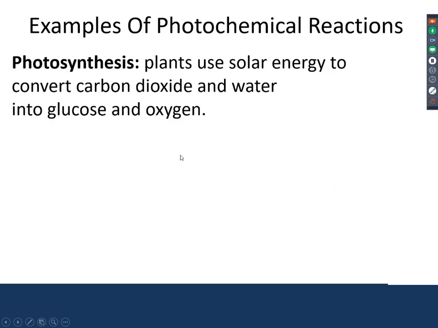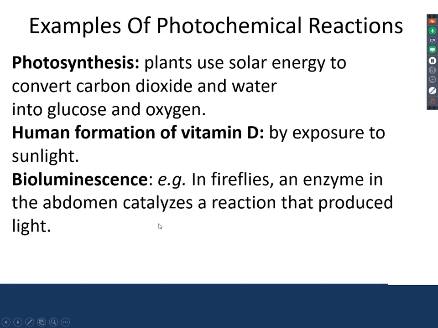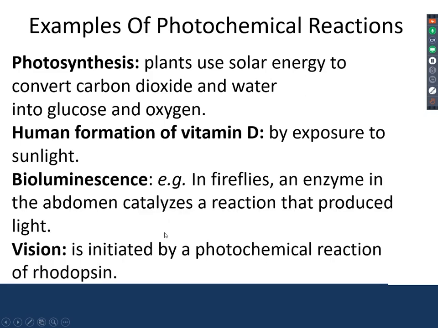Examples of photochemical reactions everyone's familiar with are photosynthesis, the formation of vitamin D by exposure to sunlight, bioluminescence, think about fireflies. Of course, in your eyes, there's a photochemical reaction between light and rhodopsin, a photoacceptor in your retina. So those are all examples that I'm sure we're familiar with.